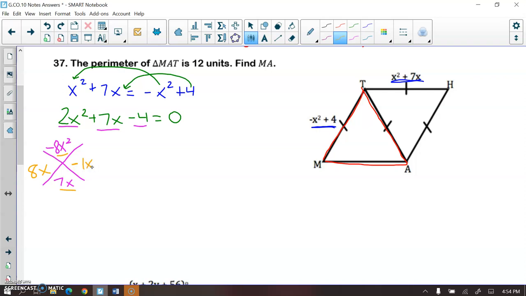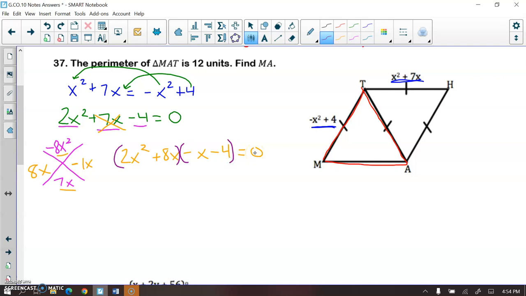All right, so now rewriting the quadratic without the plus 7x in, I have a 2x squared plus an 8x minus an x minus a 4 is equal to 0. Grouping my first two terms together and my second two terms.